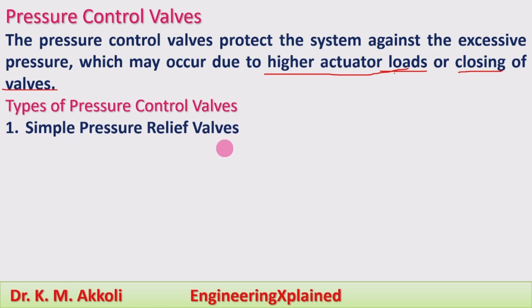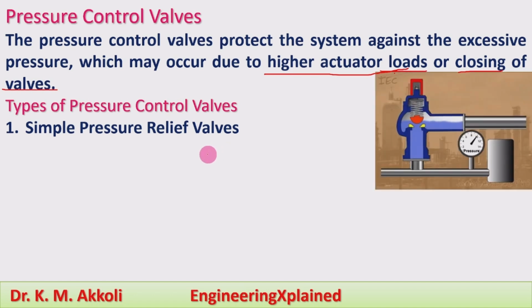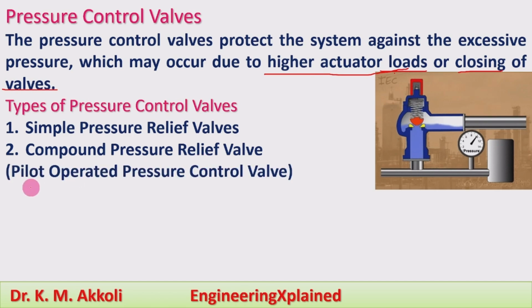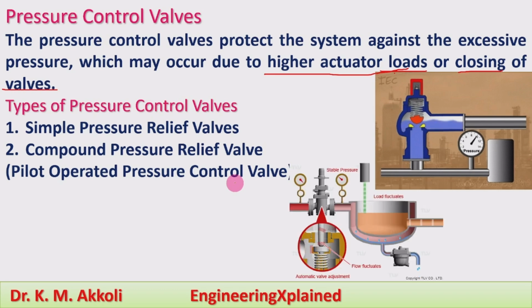The first is the simple pressure relief valve, and the second one is the compound pressure relief valve, which is also called a pilot operated pressure control valve. Here we can see the simple pressure relief valve. When the flow is taking place in the circuit, there is a set pressure for this valve.